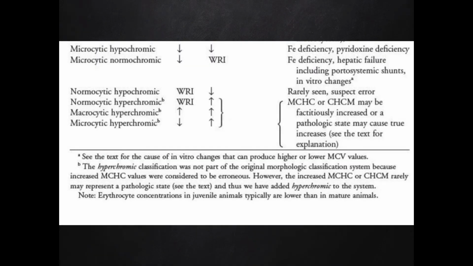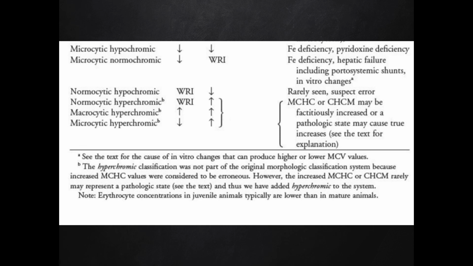In microcytic hypochromic, meaning lower in size and low in hemoglobin concentration, usually there is iron deficiency and pyridoxine deficiency.